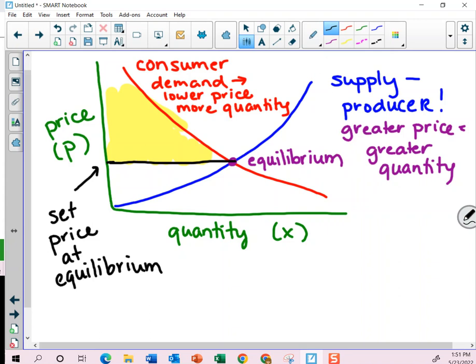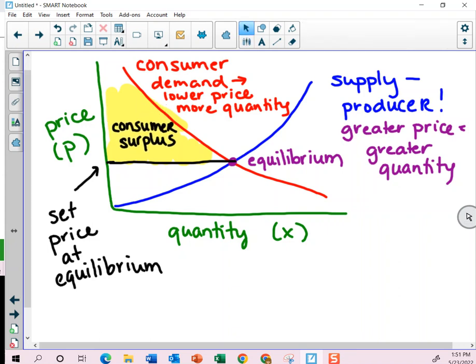We're just going to talk about that one little area. That area is considered surplus, specifically the surplus relating to the consumer. Consumer surplus is that little area right there.